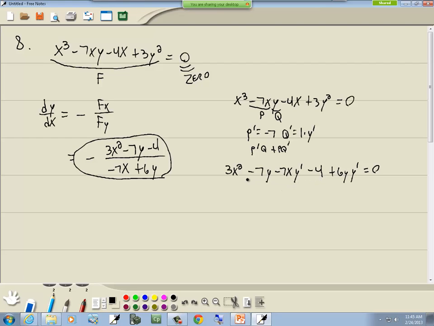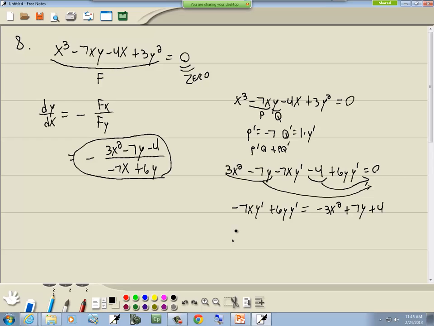Well, we'll get everything with y prime on one side, everything else on the other side. So I'm going to take the negative 4 to the right side and these two over to the right side also. So I get negative 7x y prime plus 6y y prime is equal to negative 3x squared plus 7y plus 4.